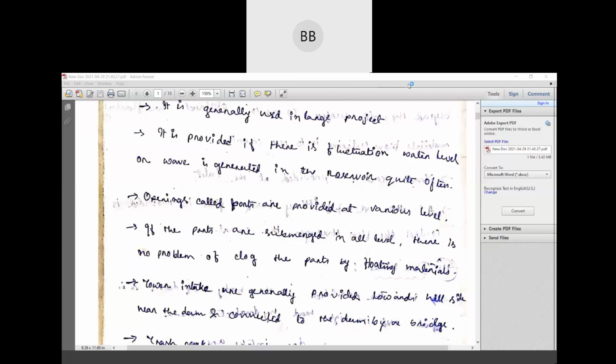These are the points, you write these five points down.